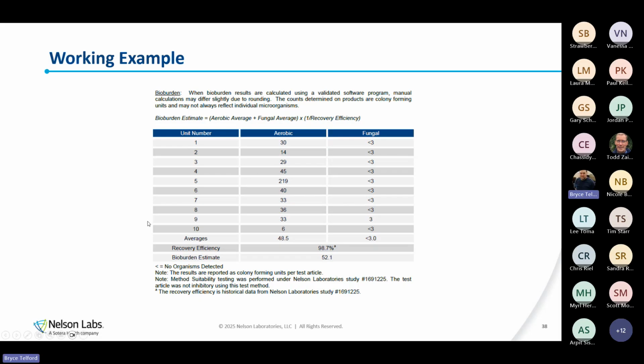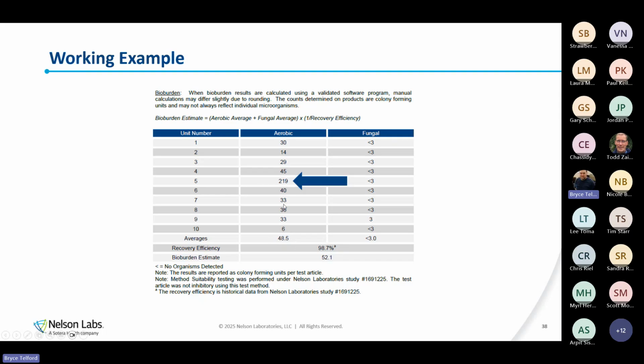So here's our next working example from another dose audit that we have. With this one, what becomes apparent is we do have what we would consider a spike. For example, our average is 48.5 CFU, and that does include the spike.